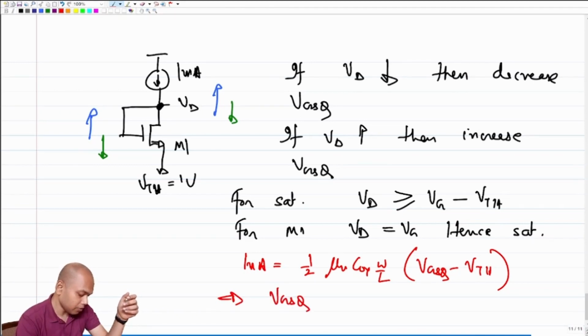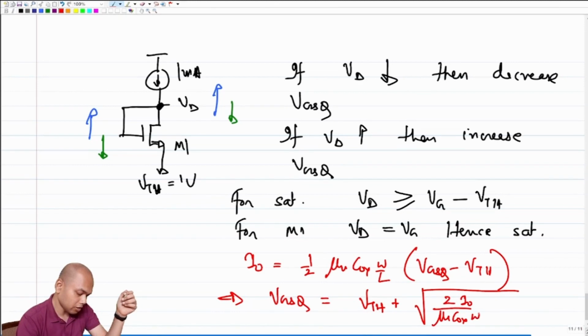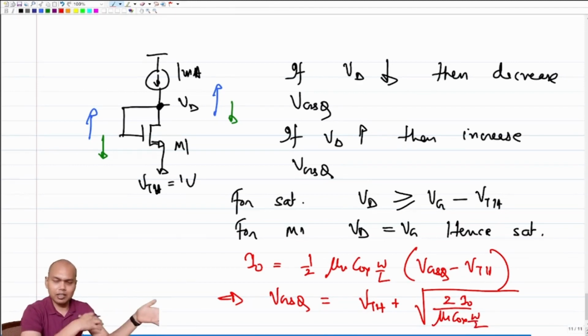Let me call this I naught instead of 1 milliamp. Let's keep it general. So VGSQ will be threshold voltage plus the square root of 2 I naught by mu n Cox W over L. Right? I basically did the algebra.